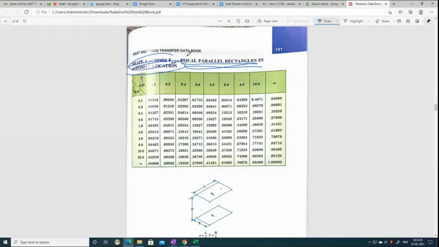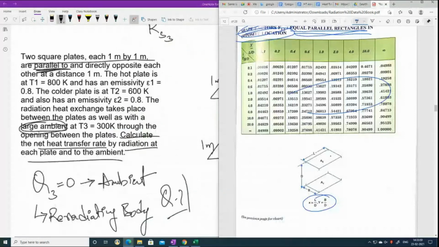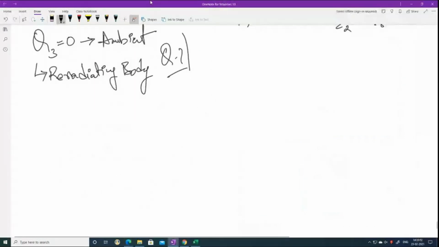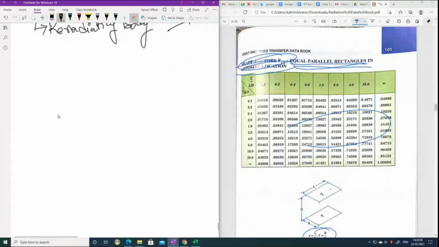If you want the shape factor, you may have to make use of all these values here. So how to make use of it? Here, x is given, y is given. For that, you have to make use of page number 101.